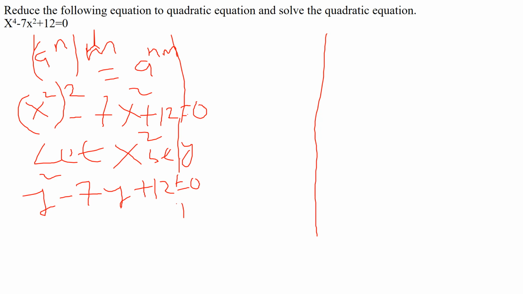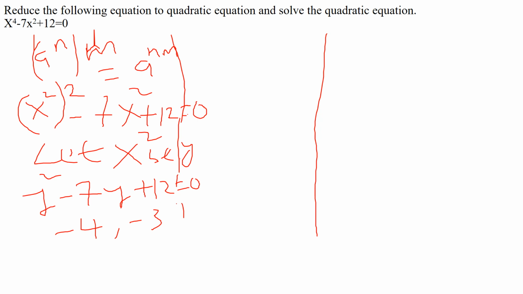The two numbers here are negative 4 and negative 3. If I add negative 4 and negative 3, I get negative 7, and if I multiply them, I get a positive 12.